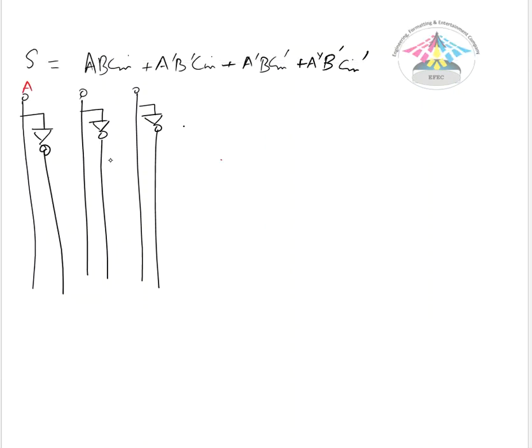So this is A, this is B, this is Cin. The first term is ABCin, so this would be A, B, and they have to pass through Cin to give us the ABCin term. So let me add the connection there.